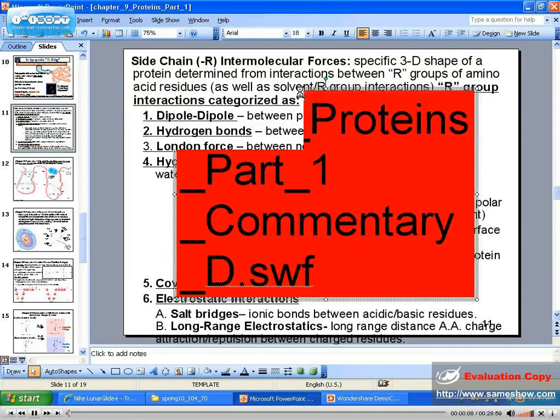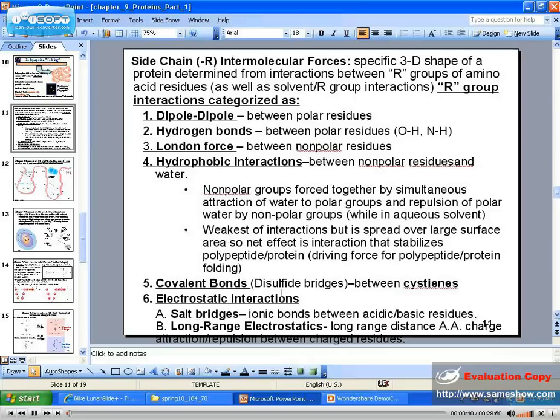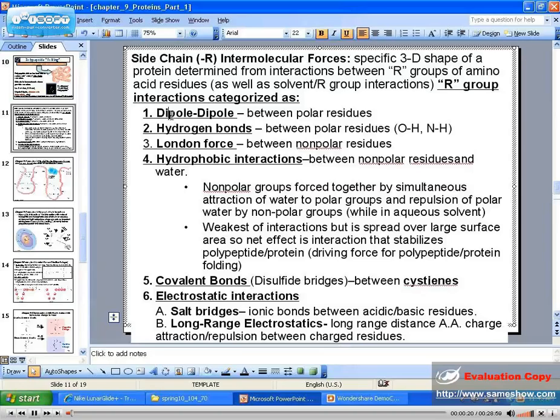So I'm going to go ahead and do another quick review of intermolecular forces. Looking at this slide, slide 11, we have a list of various types of intermolecular forces. Now, we've touched upon what these intermolecular forces are from our organic chapters, and they're pretty much the same thing.